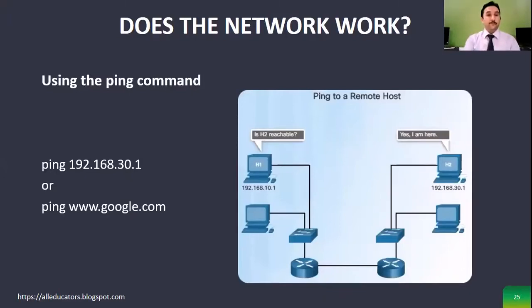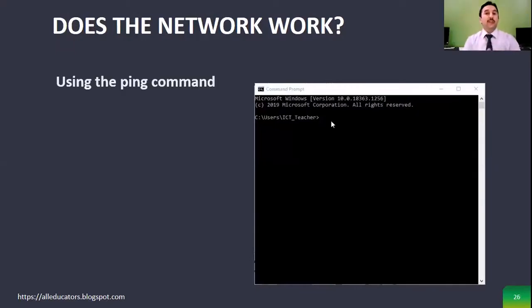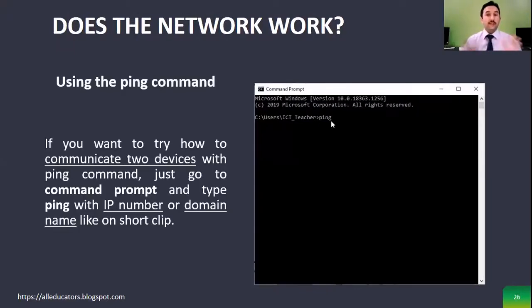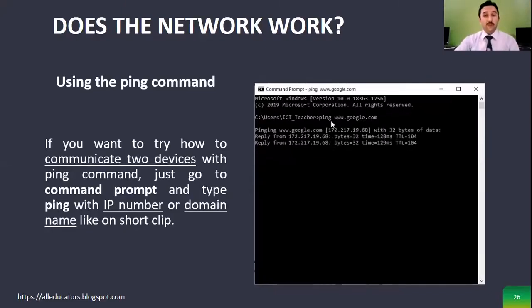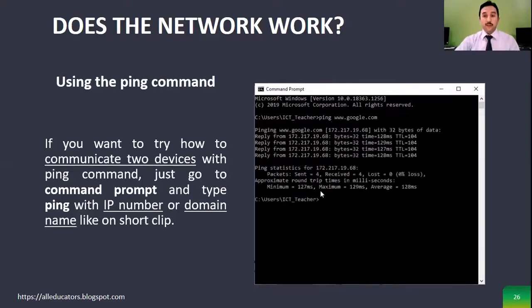So, if you want to try to communicate between two devices with the ping command, just go to command prompt and type ping with the IP number or domain name. Like in the short clip, at the end of this ping process, you can see whether there is any connection problem with this address or not.